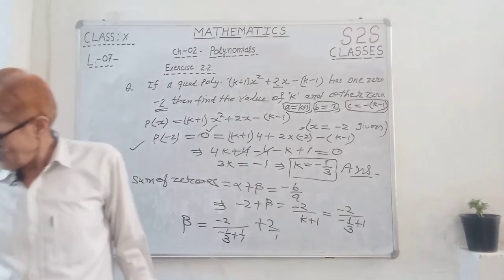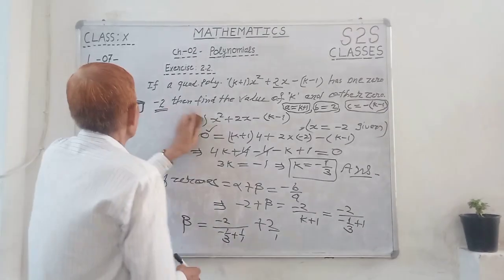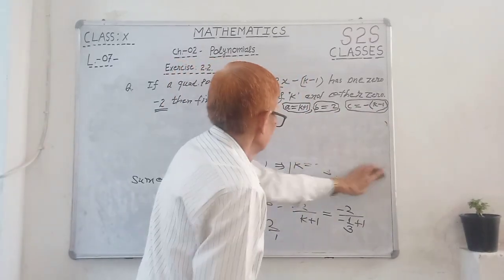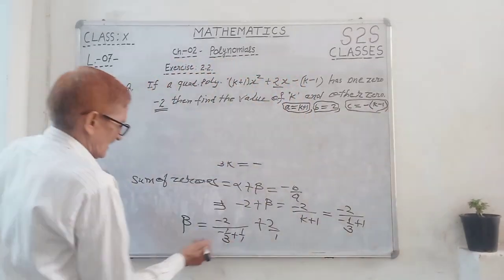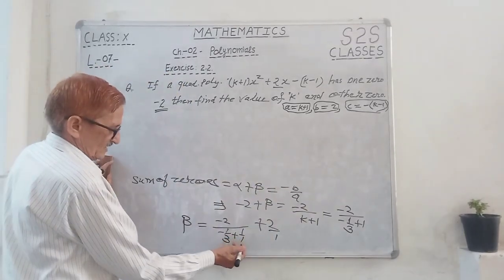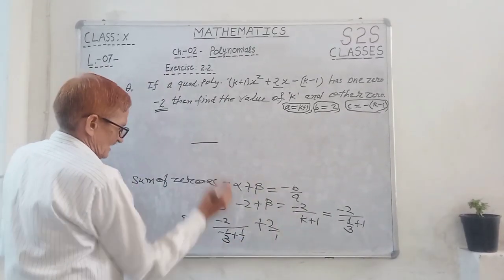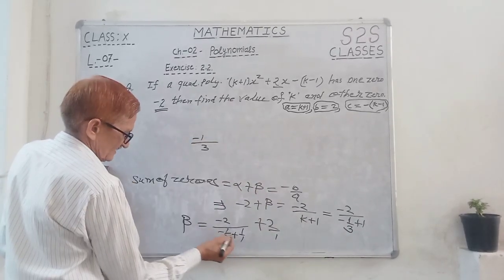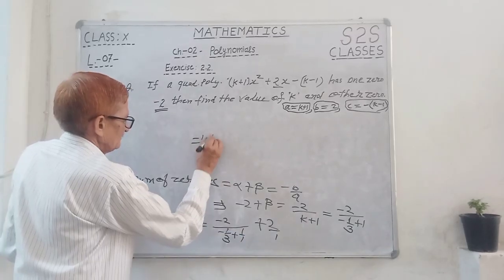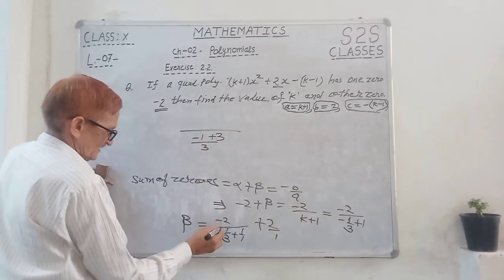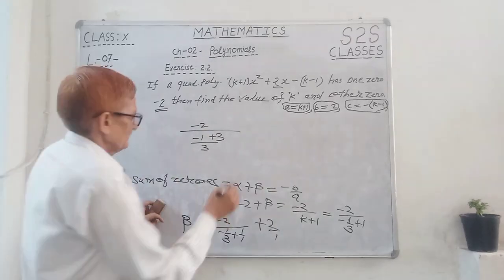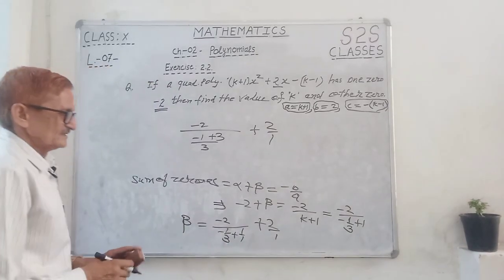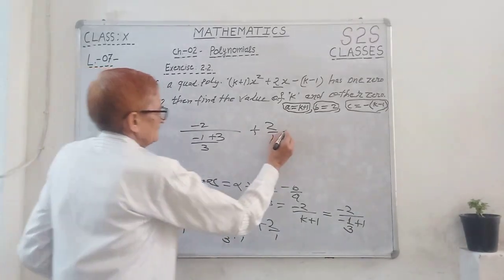Now in the denominator take the LCM, which is 3: minus 1 as it is, and plus 3, and numerator having minus 2, and plus 2 upon 1.